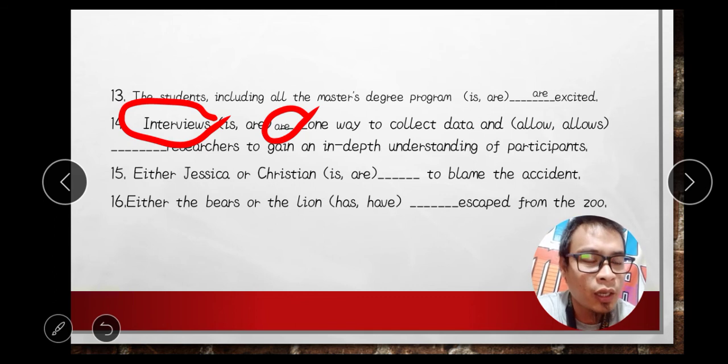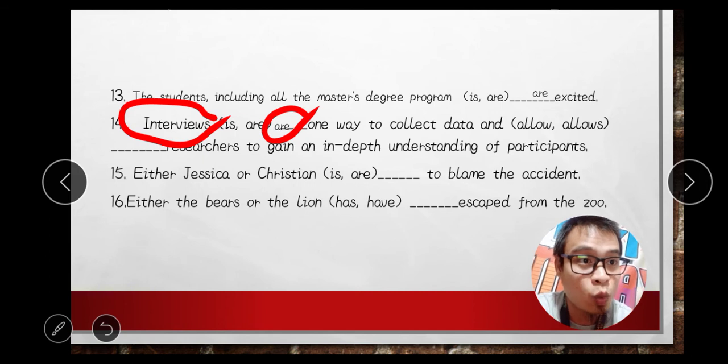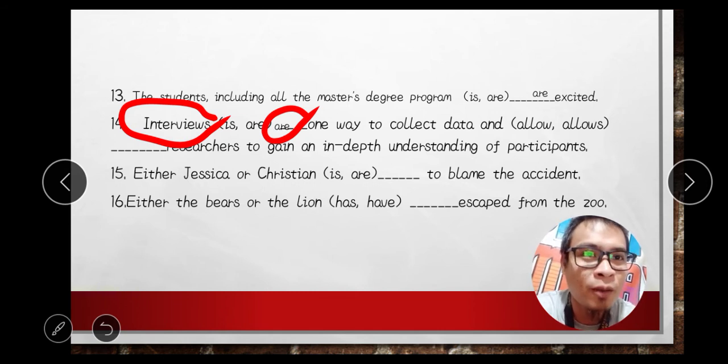The rule says that be consistent of your subject-verb agreement. Whenever the sentence has one subject and two or more verbs, same subject-verb agreement. So for example, are one way to collect data, and allows.